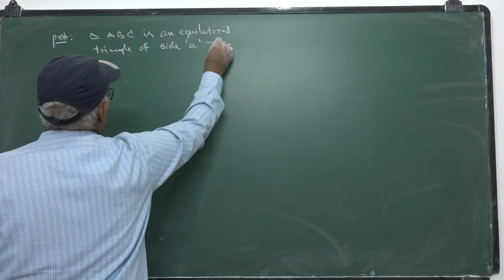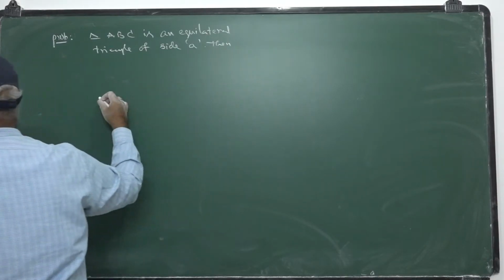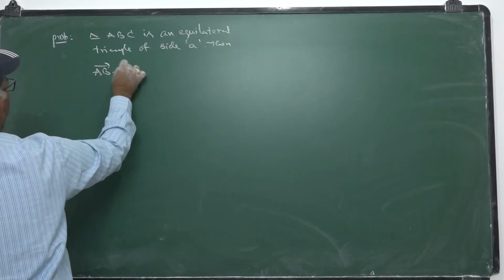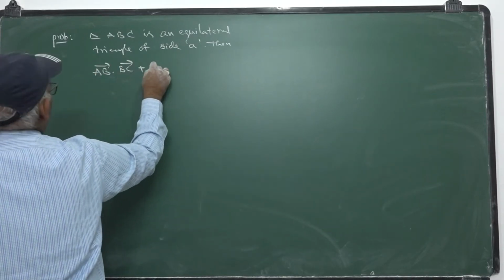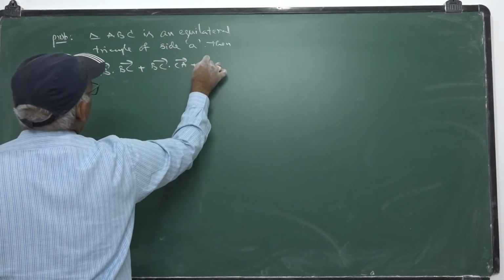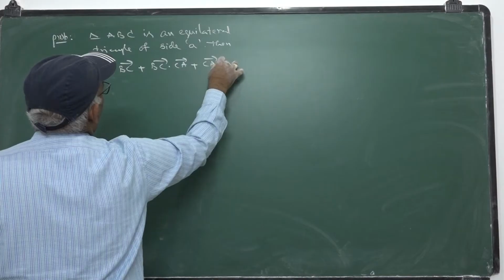Then AB bar dot BC bar plus BC bar dot CA bar plus CA bar dot AB bar, value?